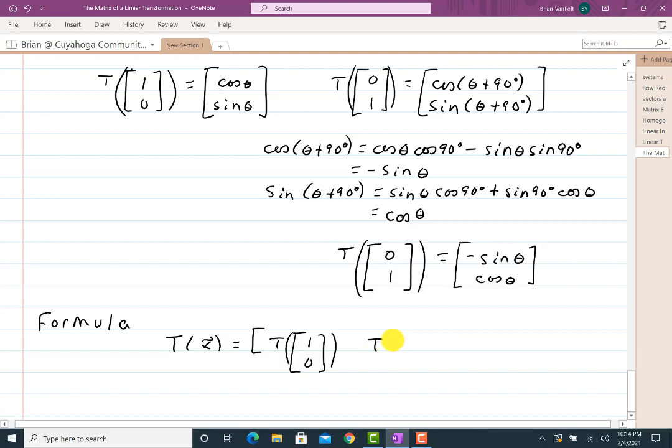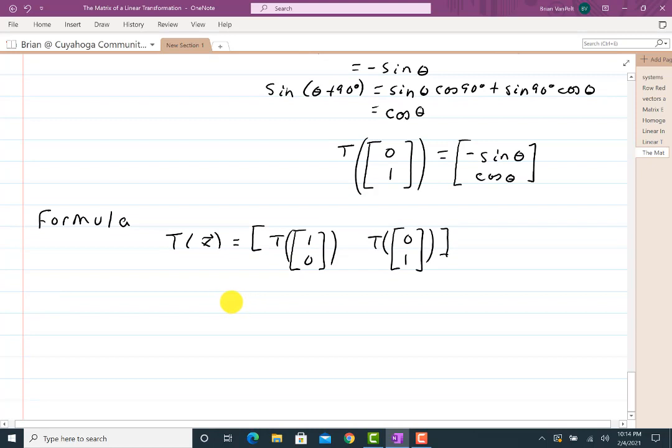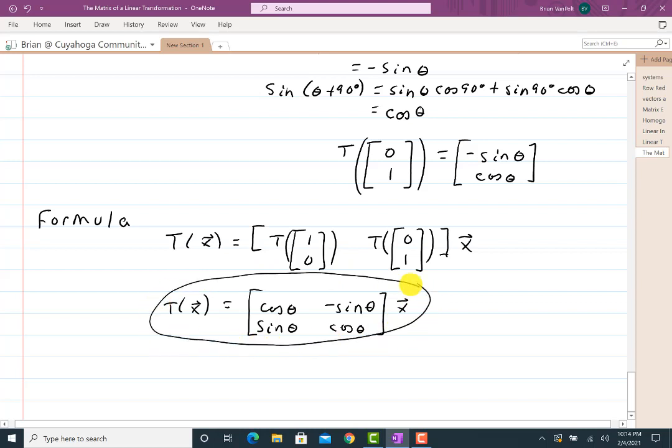I'm currently writing the standard matrix as I speak. And then let me go ahead and put those in. We know that this was cosine theta, sine theta. Then we had negative sine theta, cosine theta. So that is what they were asking us for. That was the formula that they were instructing us to try to get.